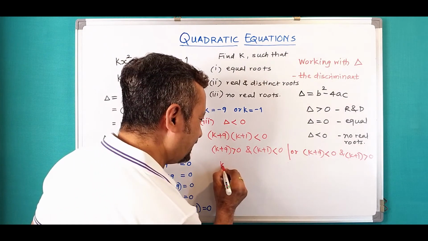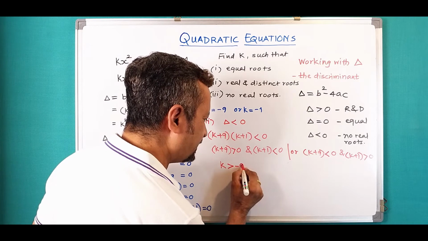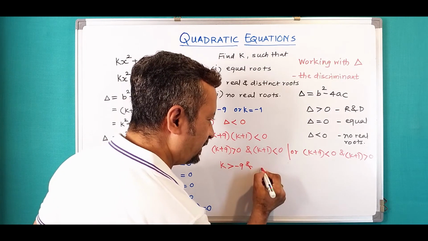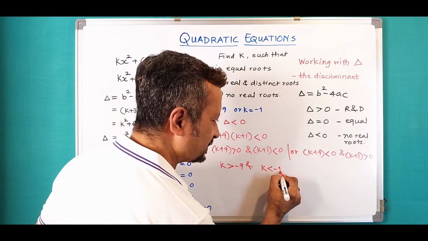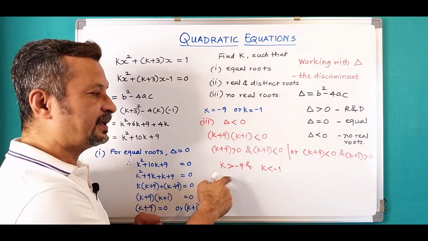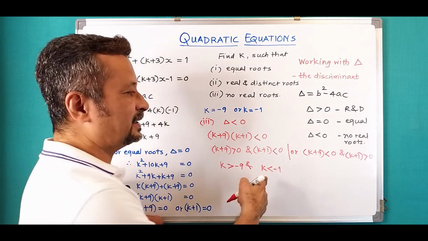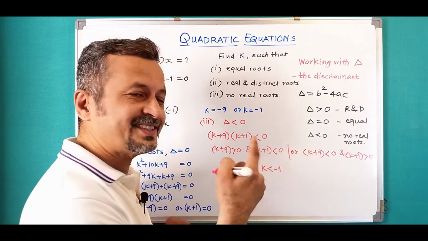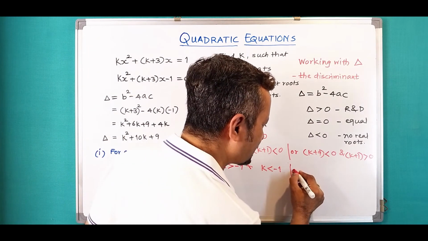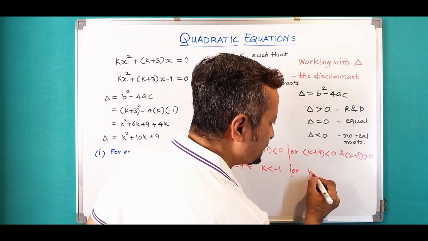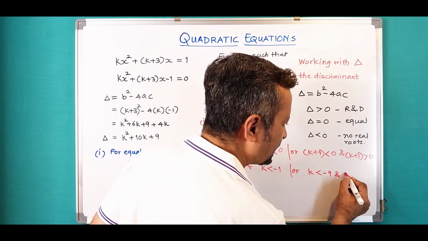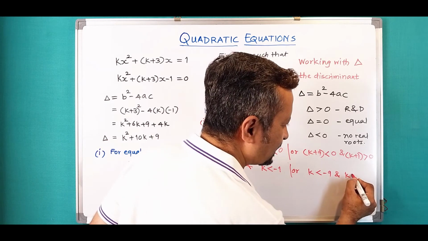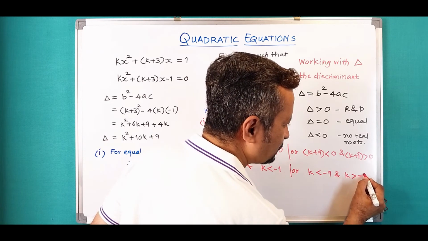So my k is greater than minus 9 and k is less than minus 1. What about the second one? Or k is less than minus 9 and k is greater than minus 1.